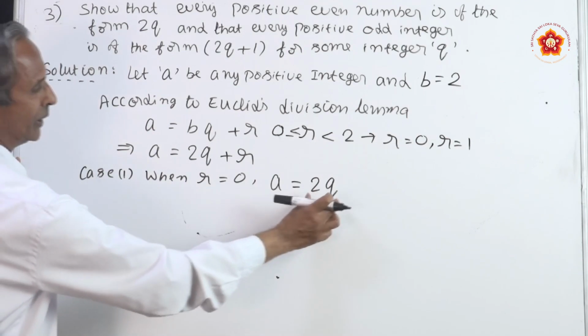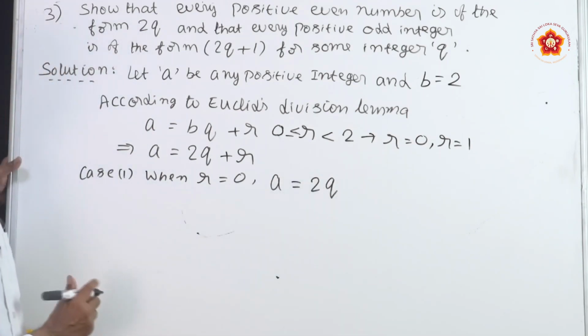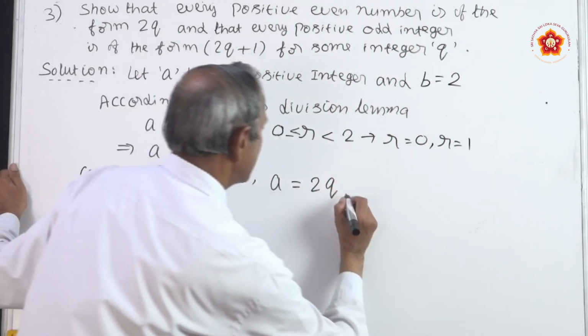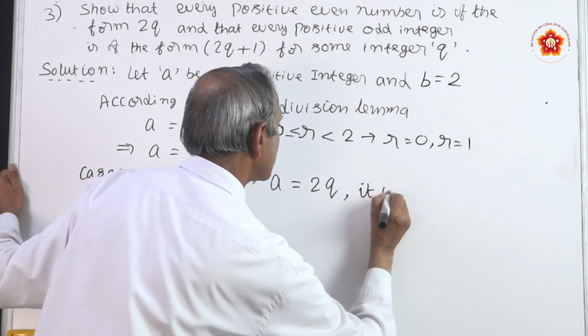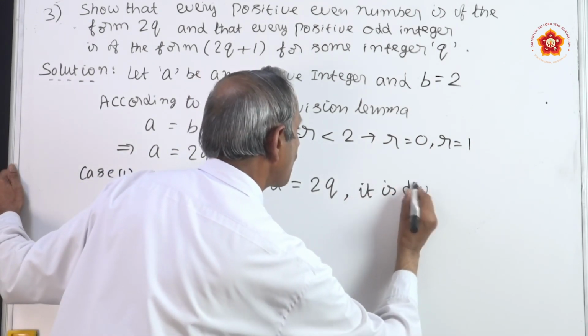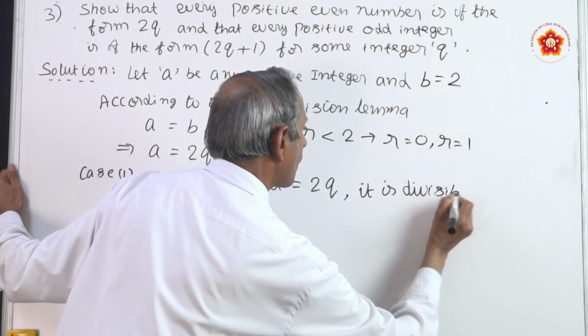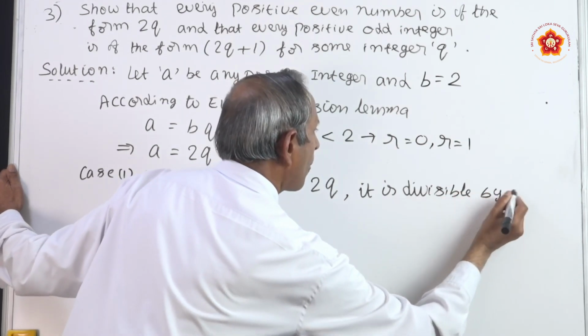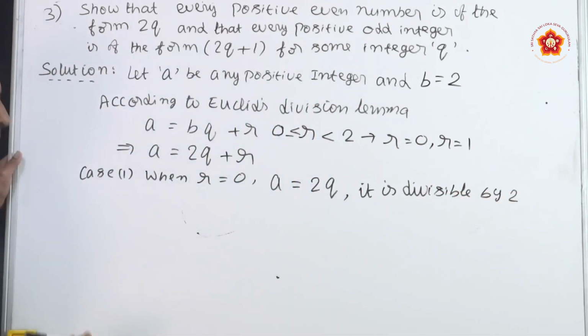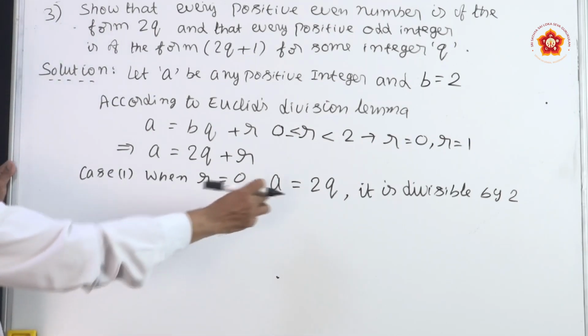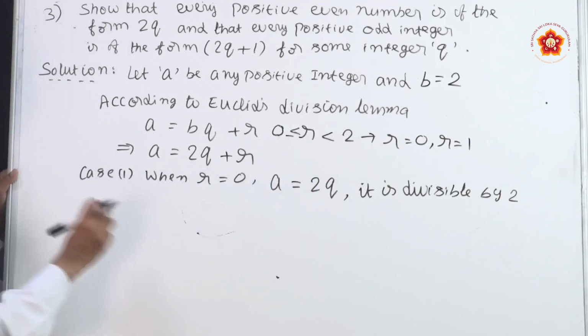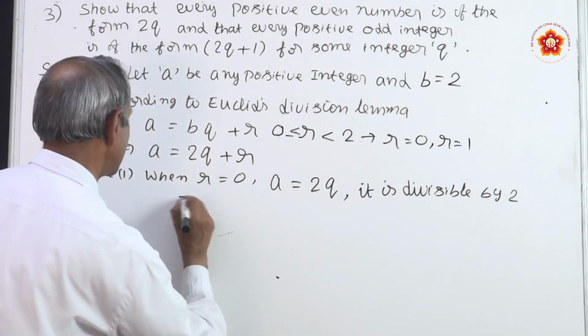Now this definitely has 2 as a factor, therefore it is divisible by 2. What does it mean? It is divisible by 2 means it is an even number. That implies A is an even number.